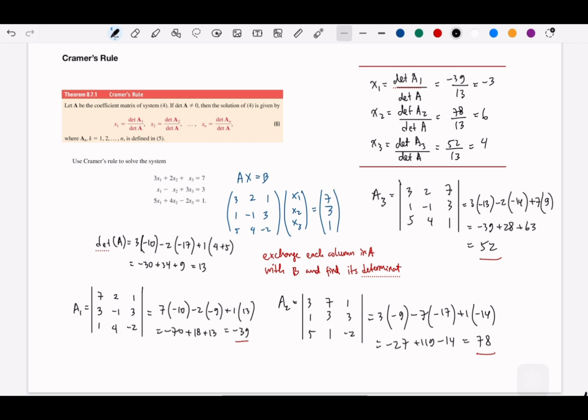Usually the question will include the instructions. You need to use such and such method. Like, use Cramer's rule to find it, which means that you need to use Cramer's rule.